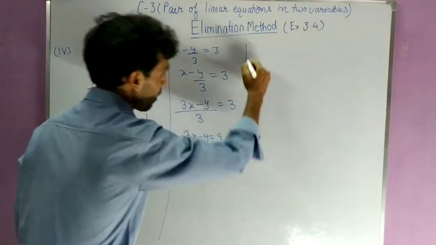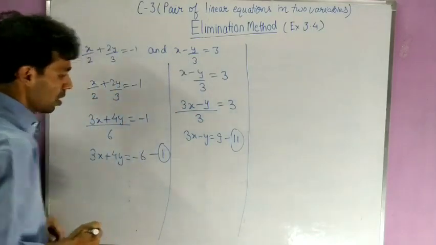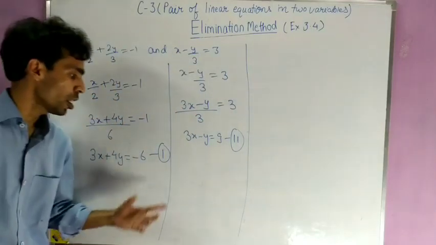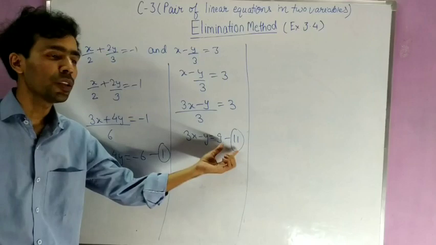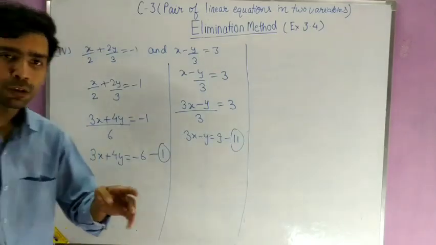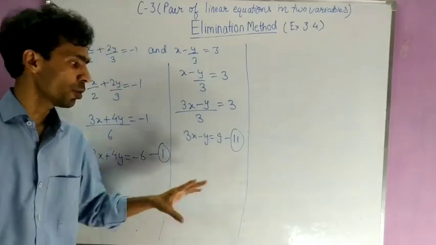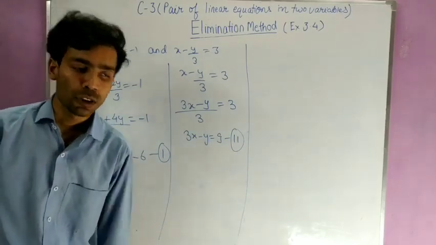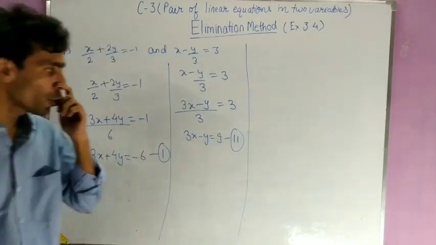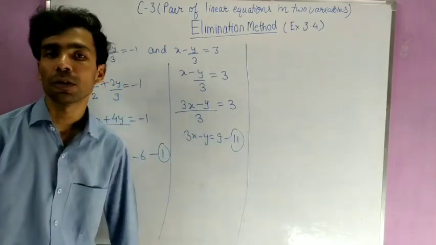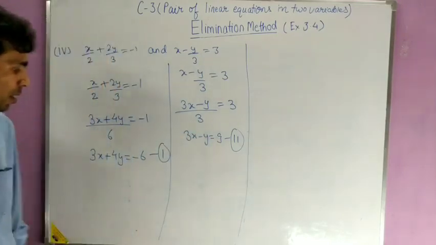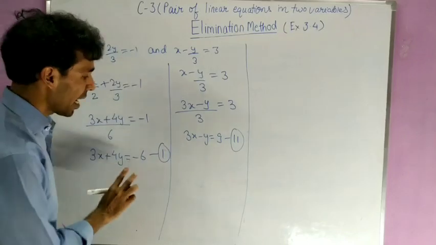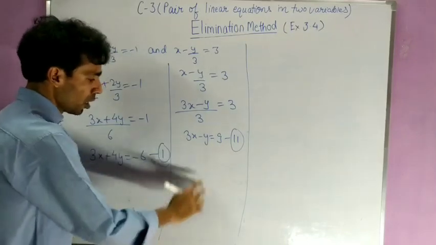Now see, student, in this equation, equation number 1 is this and equation number 2 is this. Suppose we have to solve these two equations by the elimination method. So you can see, student, suppose you have to eliminate x from both the two equations.